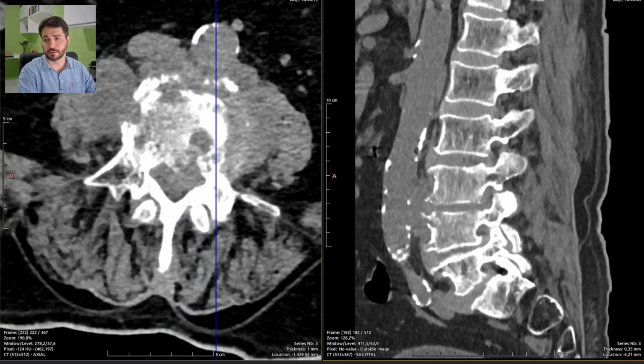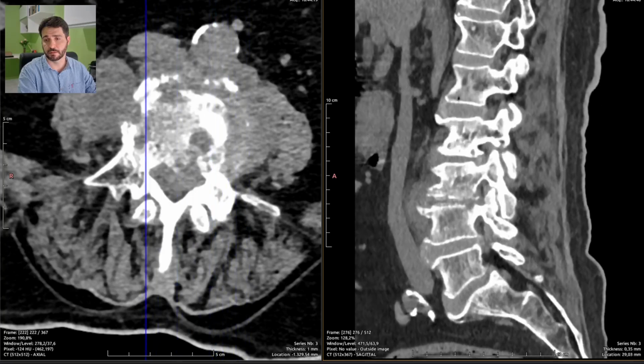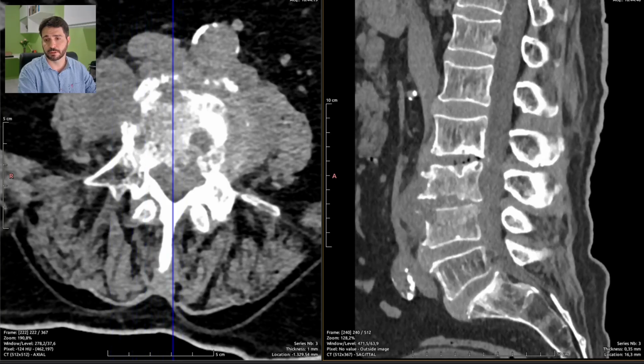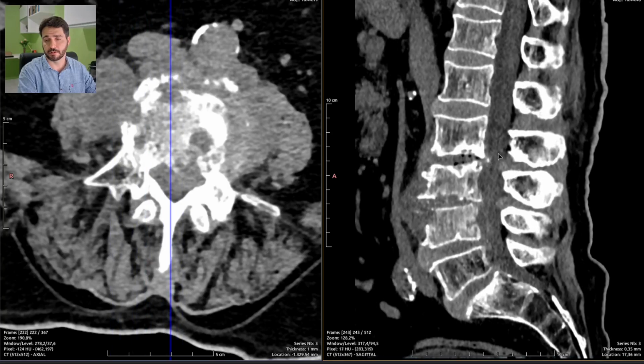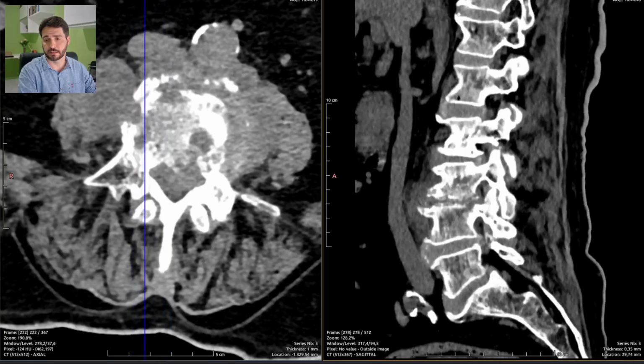Mild stenosis of L5-S1, and L2, L3, L3, L4, L4, L5 are moderate. And I can also say there is moderate stenosis of the vertebral canal from L2 to L5 easily.